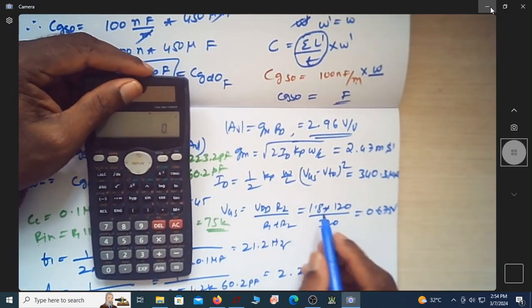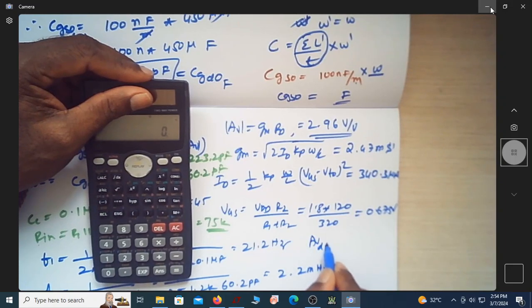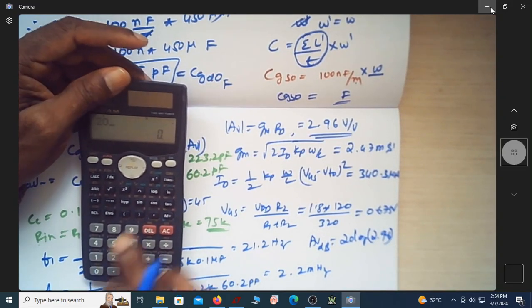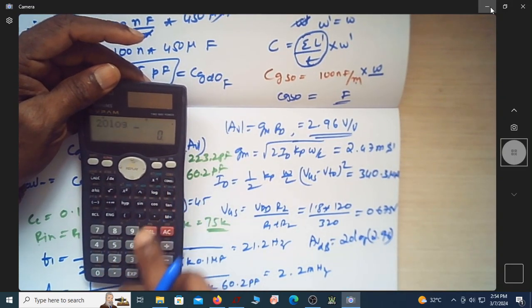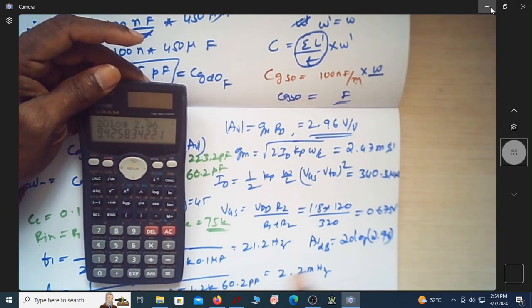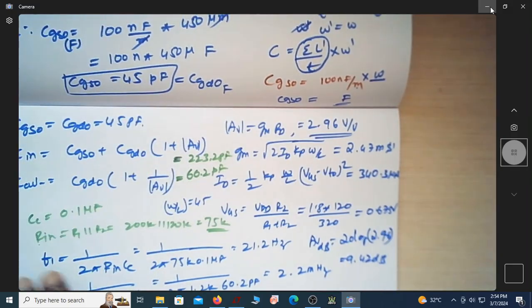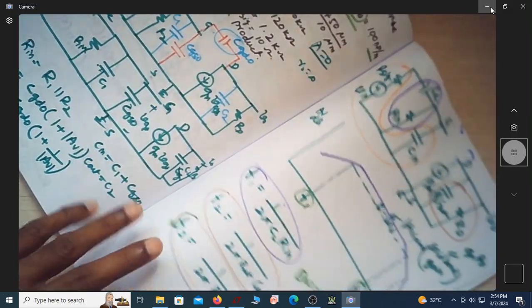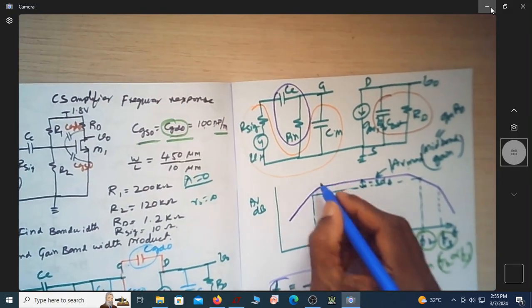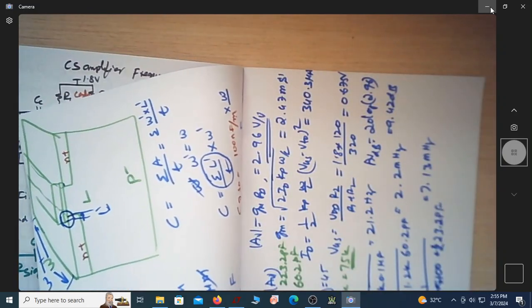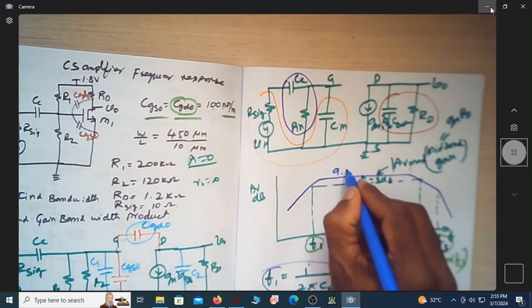So if I remember all these things, let me find out what is the gain in dB also. What is A in dB? Exactly 20 log of 2.96. So what is 20 log of 2.96? It's actually 9.42 dB. If I come to this, this magnitude is 9.42 dB.